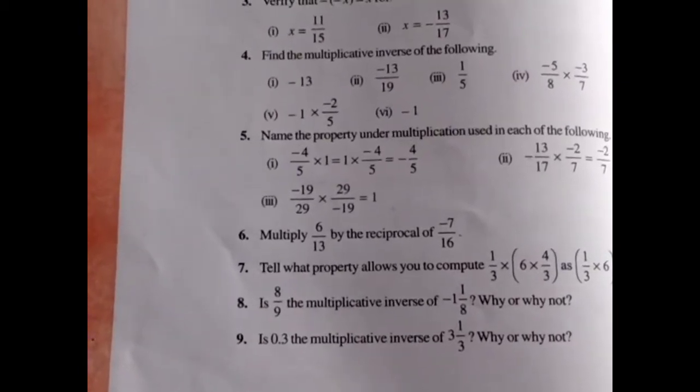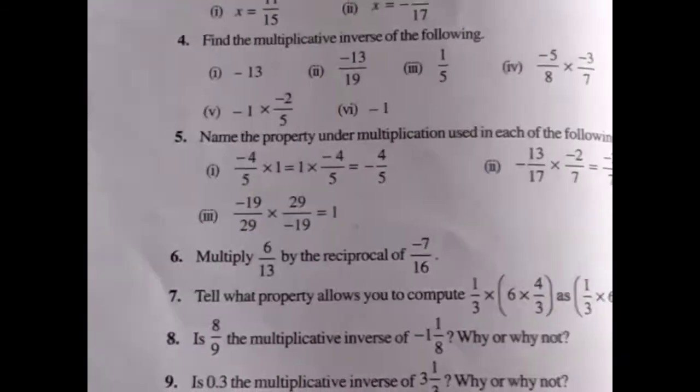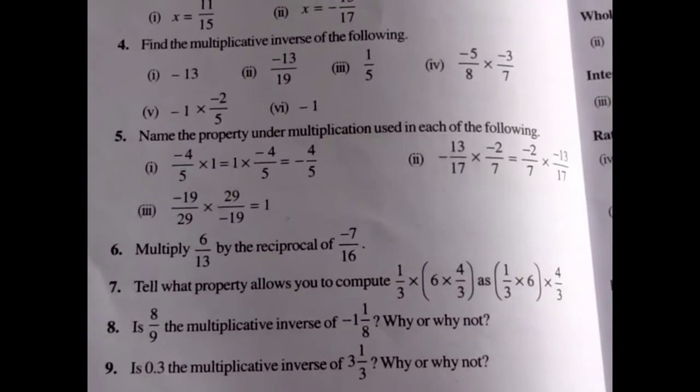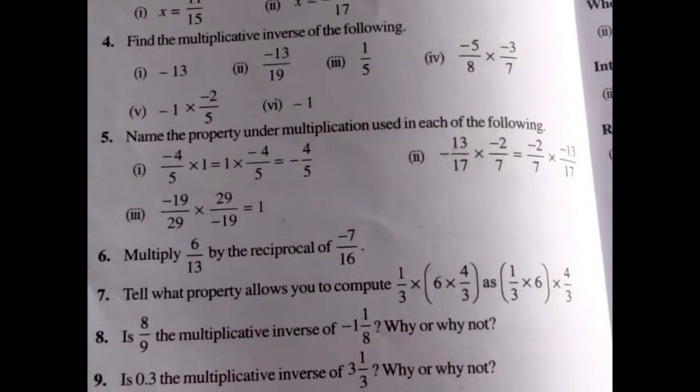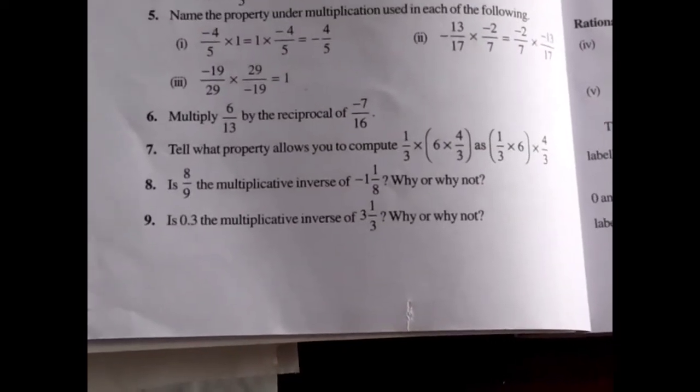Tell what property allows you to compute 1 upon 3 multiplied by (6 multiplied by 4 upon 3) as (1 upon 3 multiplied by 6) multiplied by 4 upon 3. Can you tell which property? See, how many terms in total are over here? 3, right?